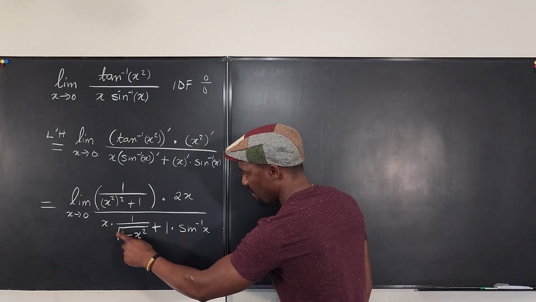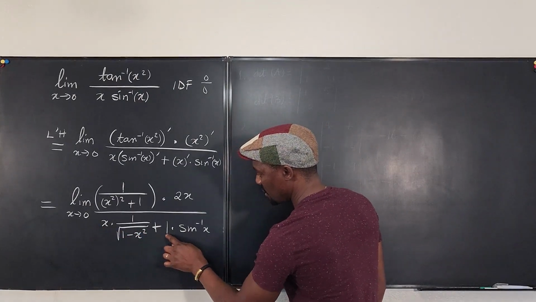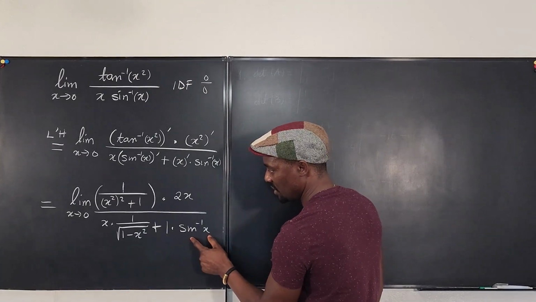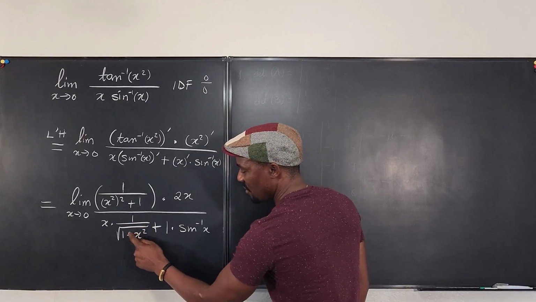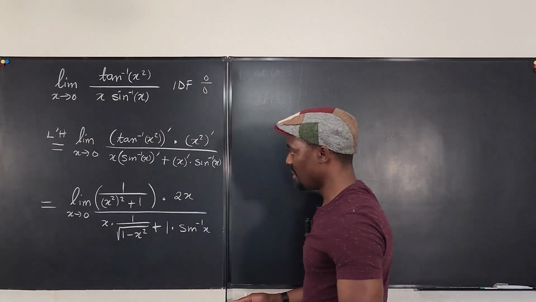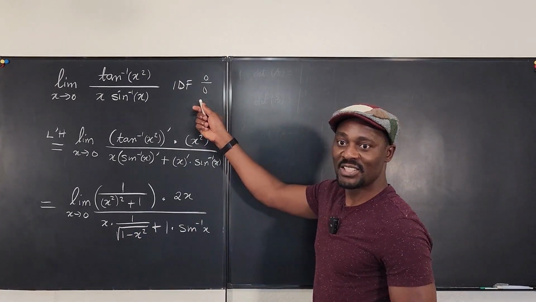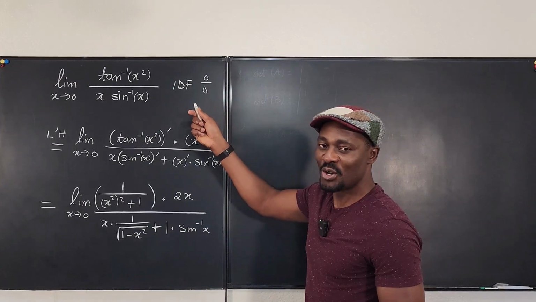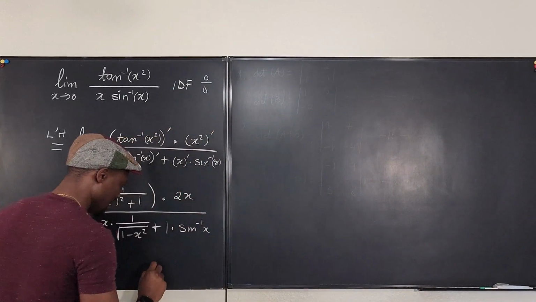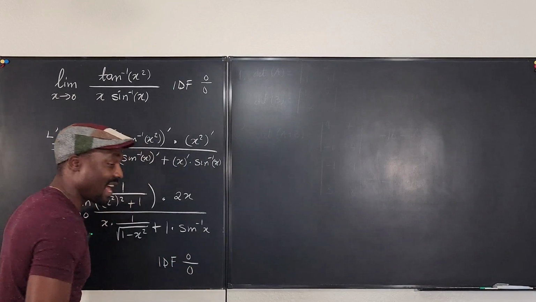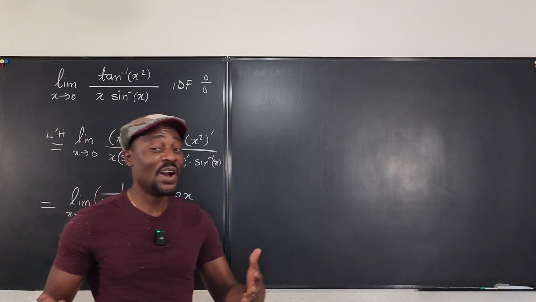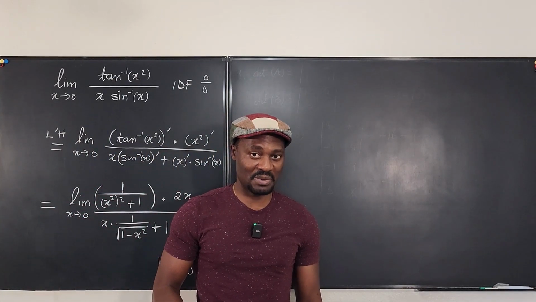And what I have here is going to be 0 plus 0, because 0 times anything will still be 0. So I end up with 0 over 0 again. It is this indeterminate form that is repeated. So this is still indeterminate form 0 over 0. That means I need to do another L'Hopital's rule application.